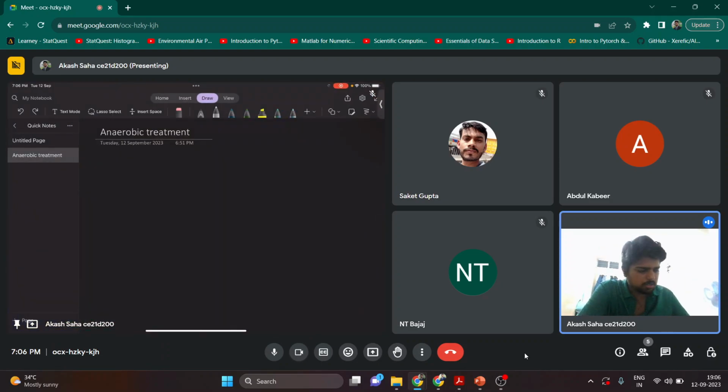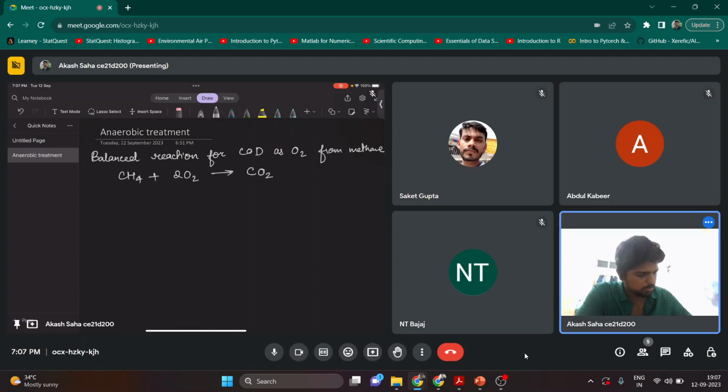The basic balanced reaction for COD as oxygen from methane, I will write. So this is the basic reaction.